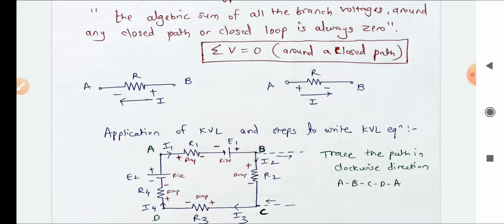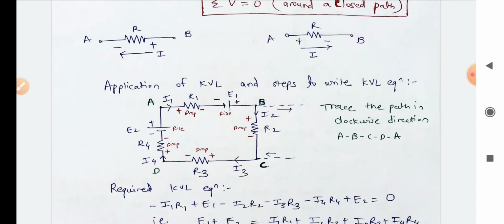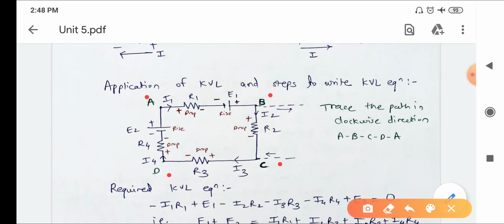We'll consider one network A, B, C, D, A. In this loop, we assign a current to each element and give sign conventions according to the flow of current. We trace the path A, B, C, D, A. I1 is the current flowing through R1, I2 through R2, I3 through R3, and I4 through R4.